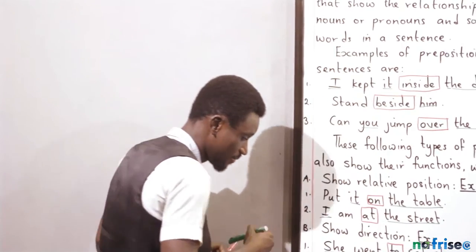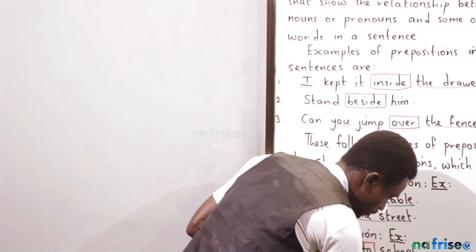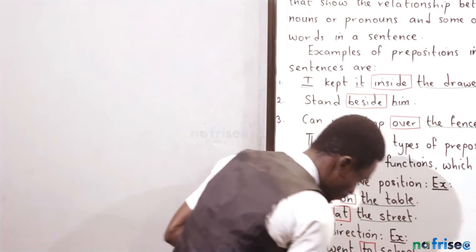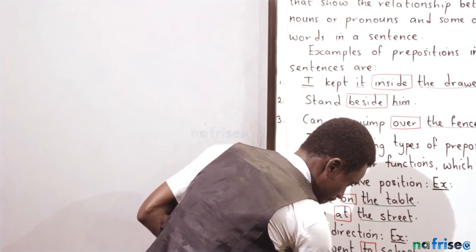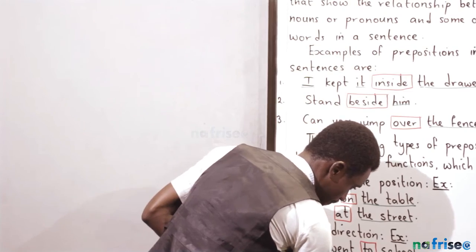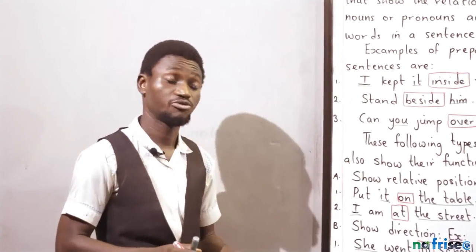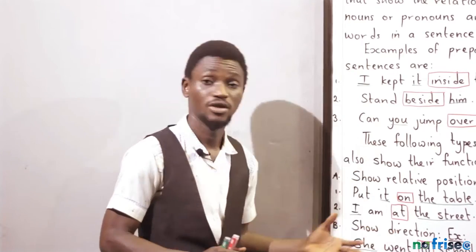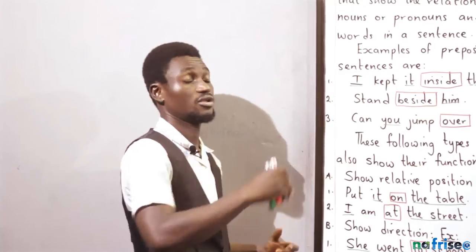We've got the cat, which is a noun, and we've got the road also, which is a noun. So the relationship between these two is across. So these are more examples of prepositions that show direction, where something is actually going to.